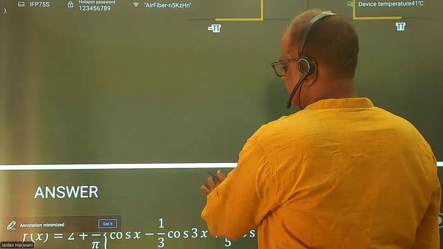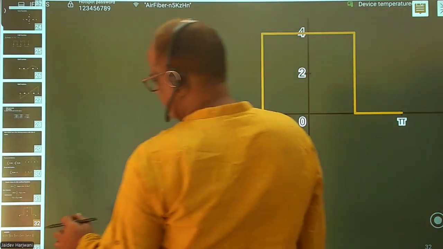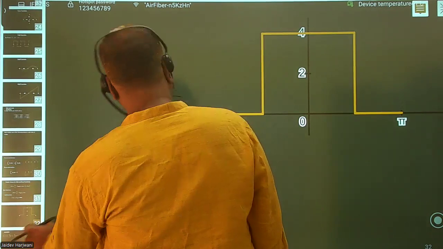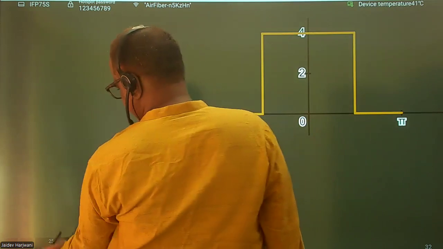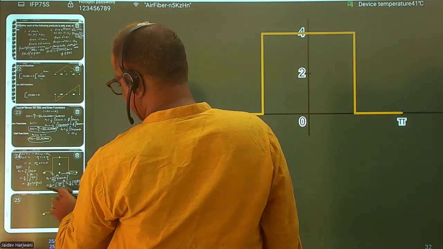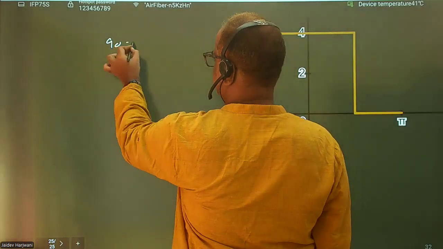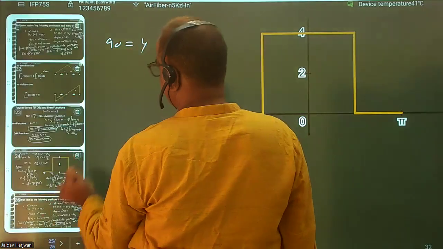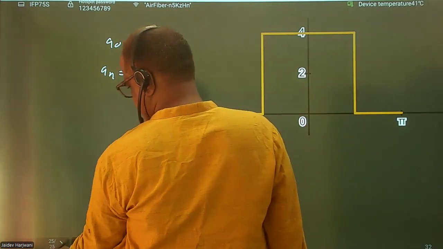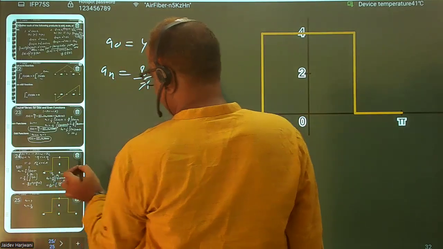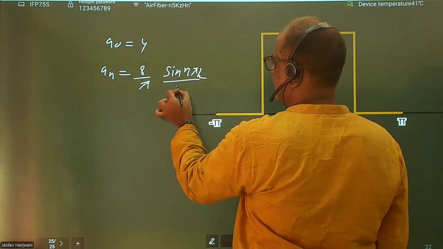So my function becomes f(x), where a naught is 4, and an is 8 upon pi, sine of n pi by 2 upon n.